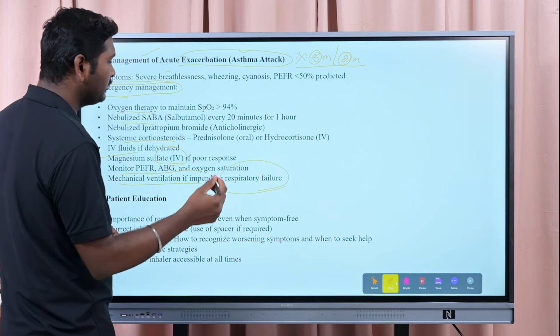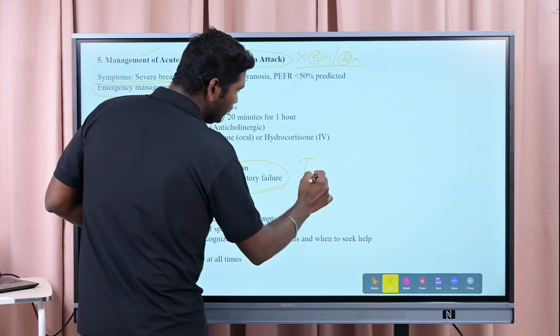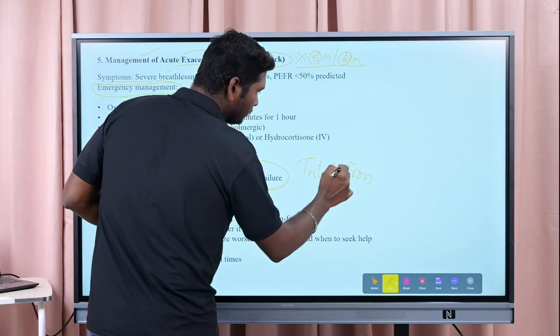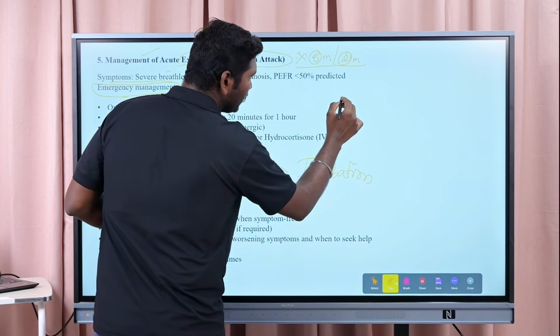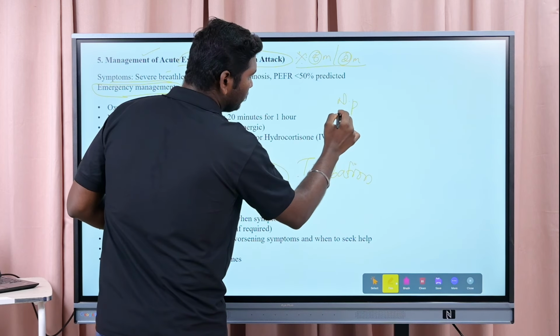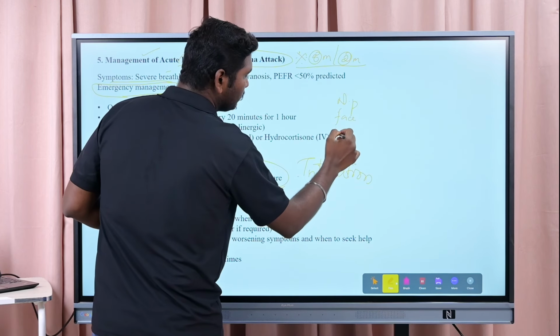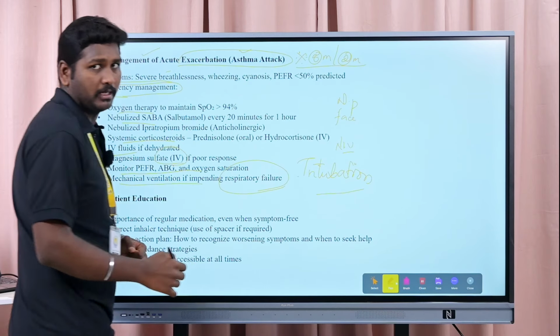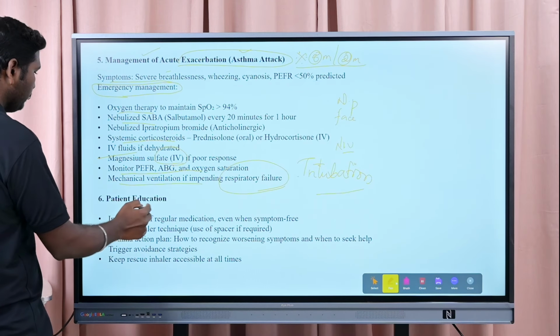Mechanical ventilation here means intubation. It may be NIV, a mask, or whatever it may be. First they will go with nasal prongs, followed by face mask, then NIV, and finally intubation.